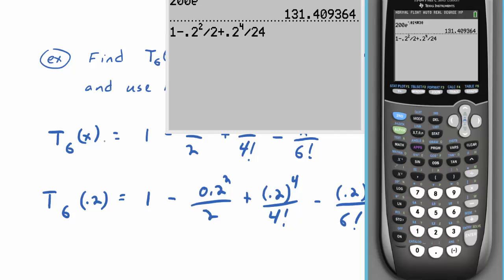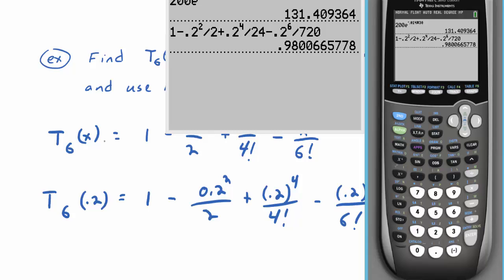And then minus 0.2 to the 6th divided by 720. So I heard you say a different value, and I was expecting this value.